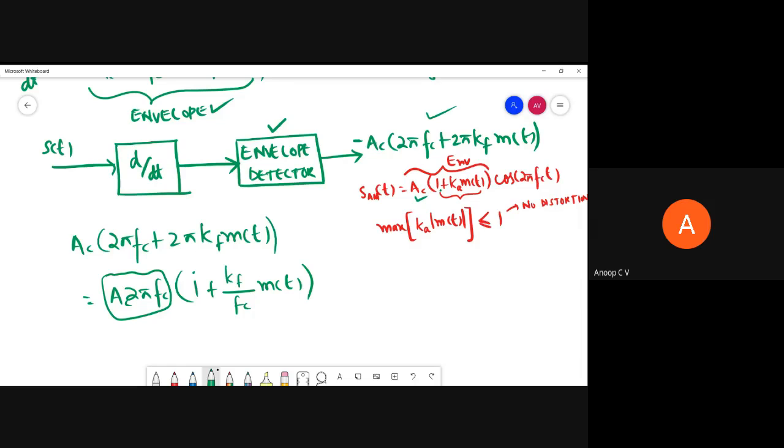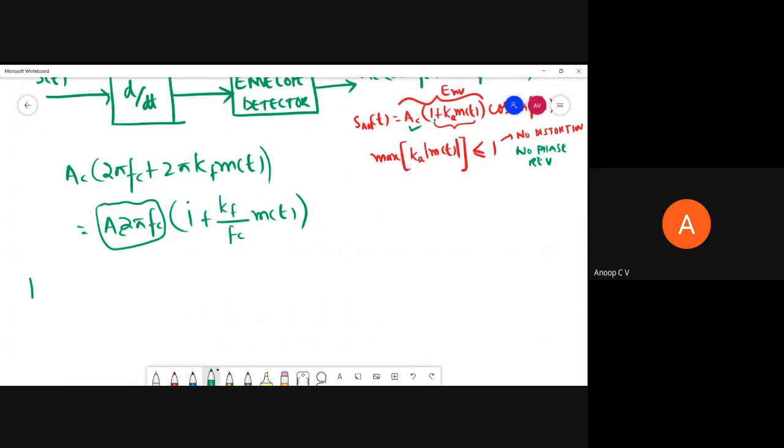Why am I doing this? We should know what the condition is for no phase reversal.